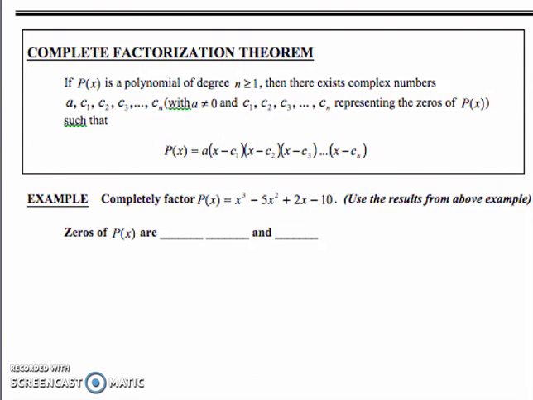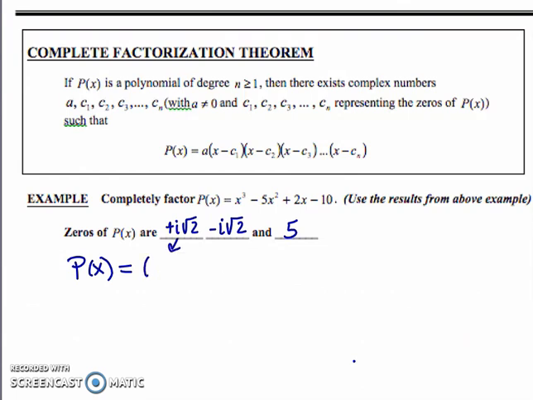So if we use the results from the above example, remember that the zeros that we just found from our last example were x equals positive i square root of 2, negative i square root of 2, and of course 5. So if we wanted to, we could go ahead and write p of x in factored form. Looks a little silly, but we could say p of x is equal to, remember, factors are always opposite of solutions.